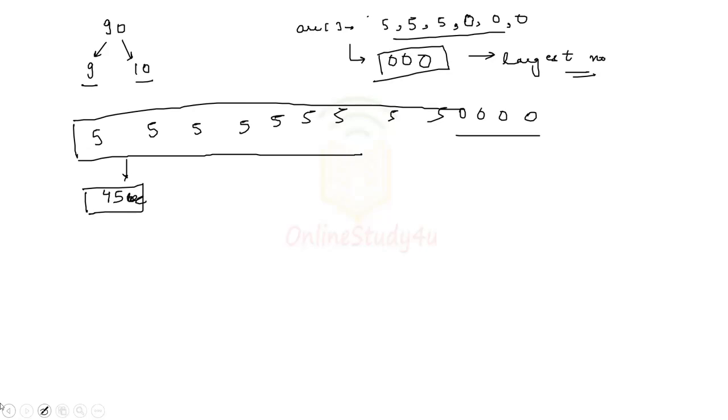That is, the sum of the digits you are getting is 45, and the number ends with zeros also. So this number is divisible by 90.